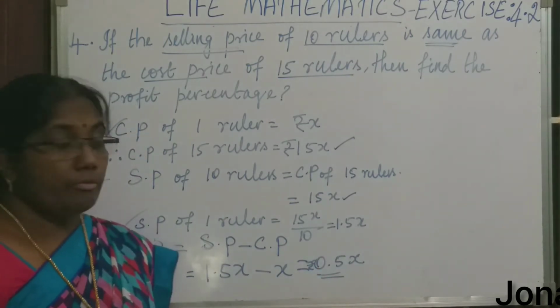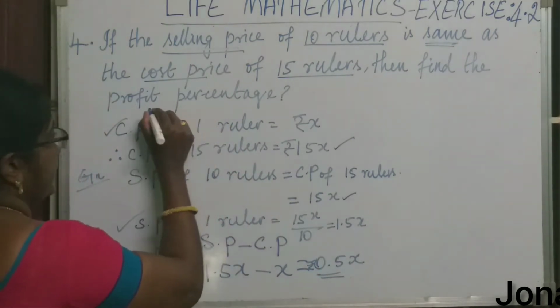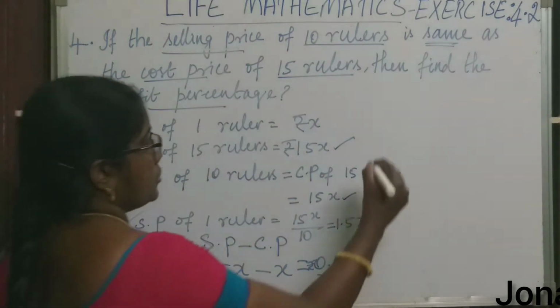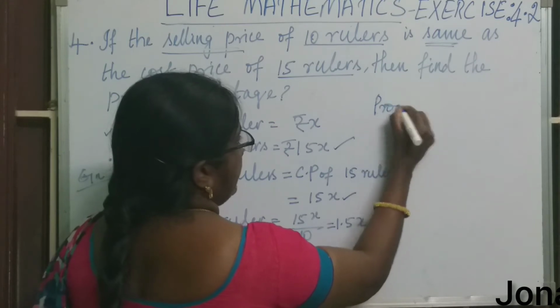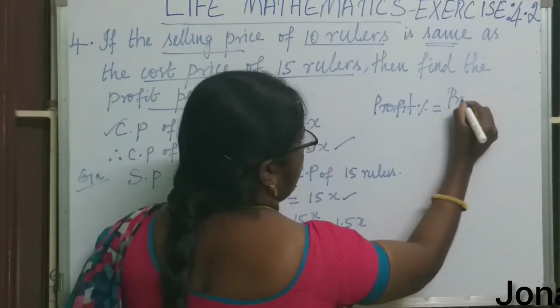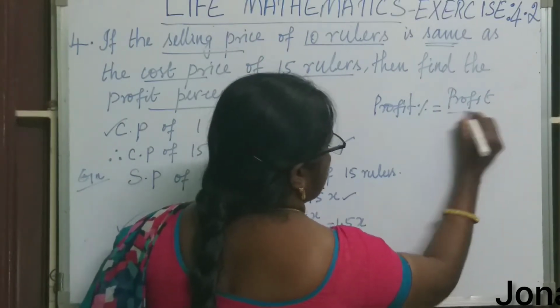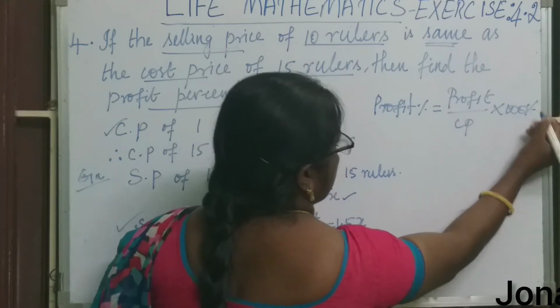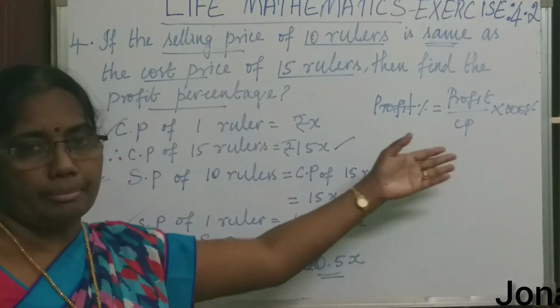But what do we want to find? Profit percentage. Profit percentage equals profit by CP into 100%. This is the formula for finding profit percentage.